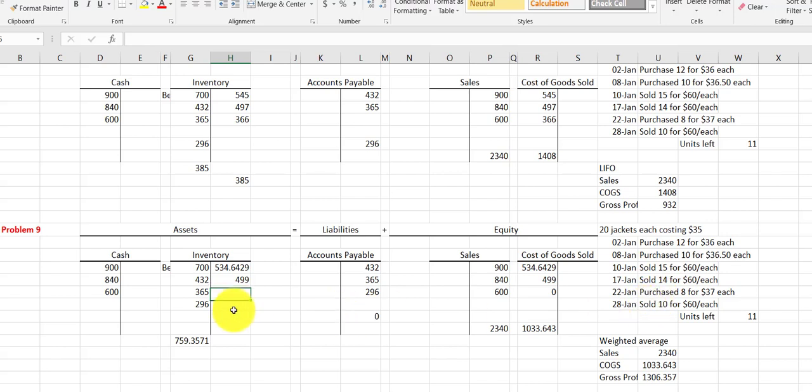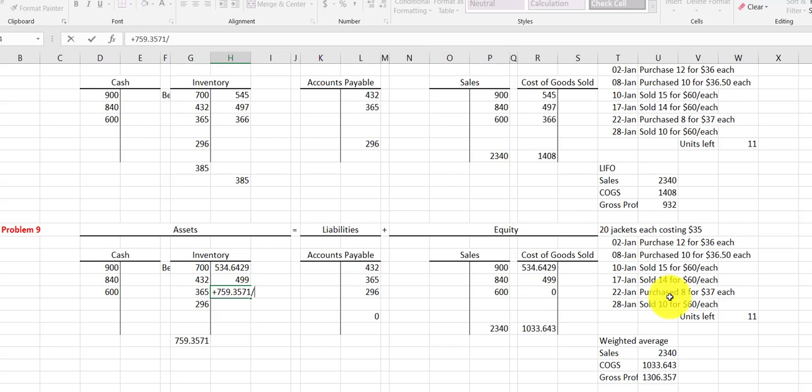And we have to calculate the average. So what we have to do is, we now know that the balance in inventory is 759.3571, and you can round if you want. And I'm going to divide that by how many I have. So I'm going to go over here and count up what I have.